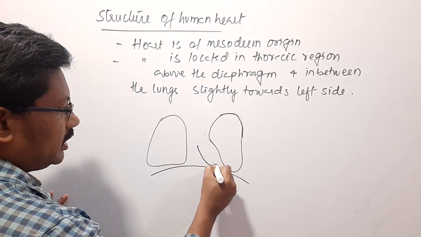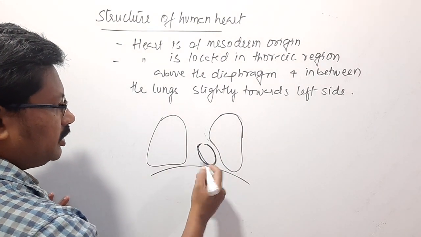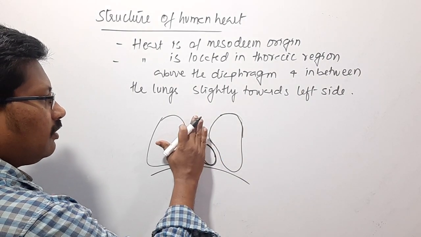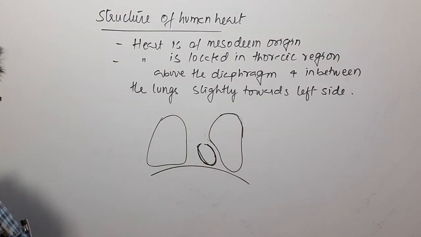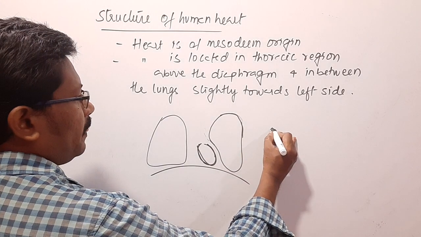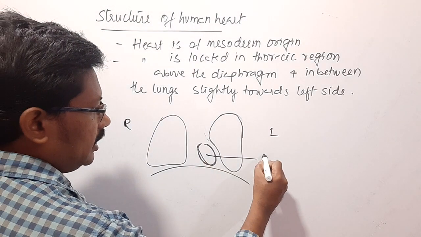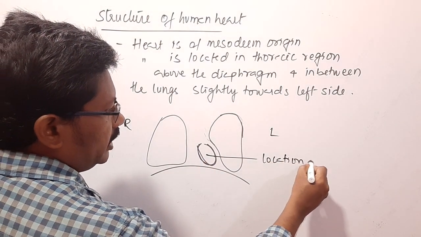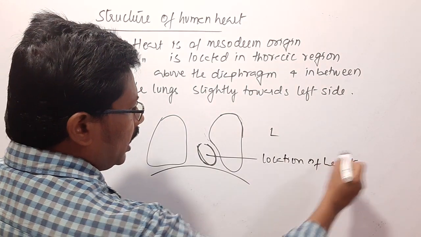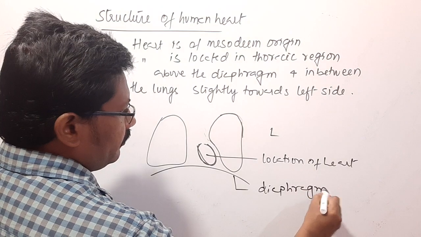So here is the heart location. In front of this there is a sternum, which is a part of the actual skeleton. This is the left side and this is the right side, and this is the location of the heart, and this is the diaphragm.